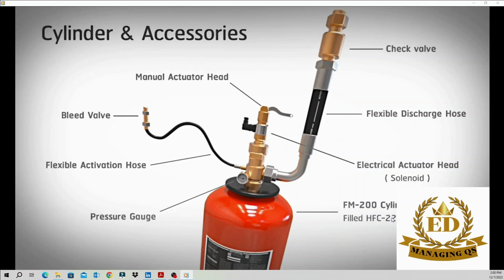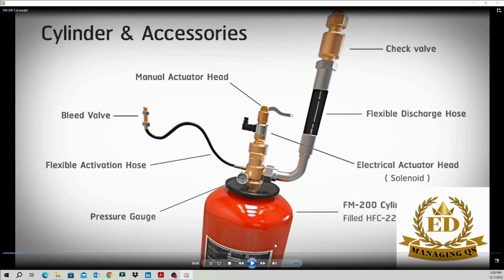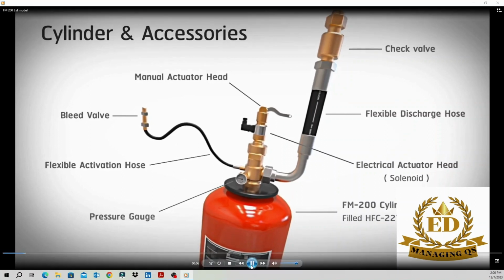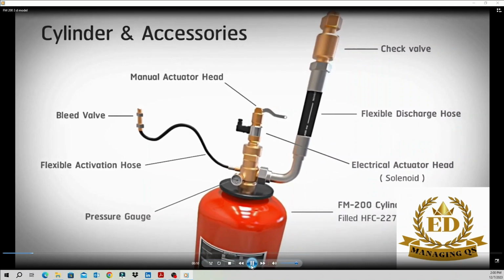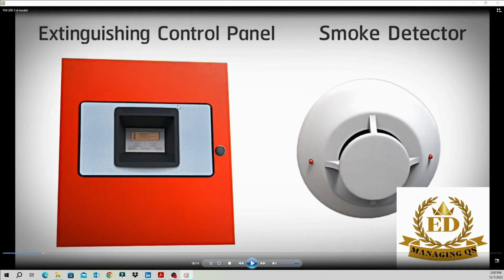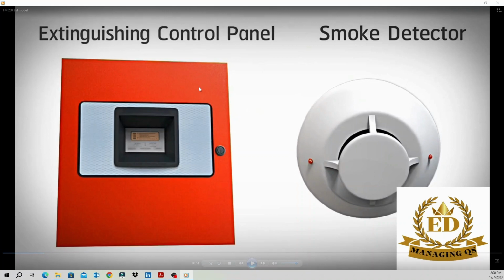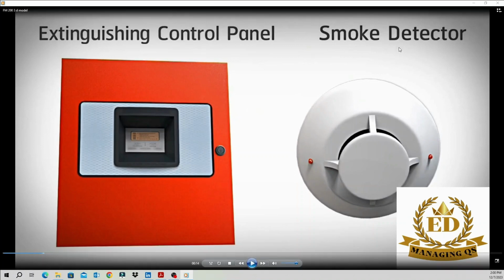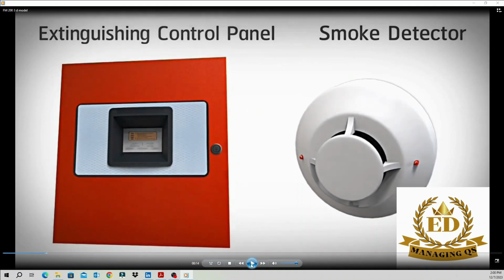So just understand carefully. The first FM200 system component or equipment is the cylinder. The second one is the extinguishing control panel. The control panel is another key component of this FM200 system. The third one is smoke detectors, another important component. So all these elements are included in the FM200 system.